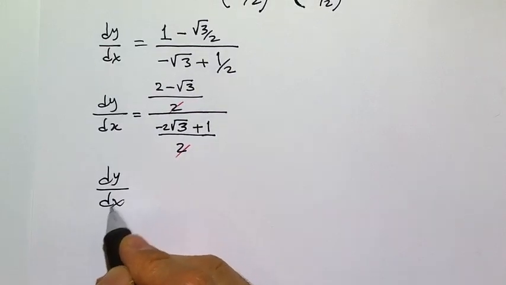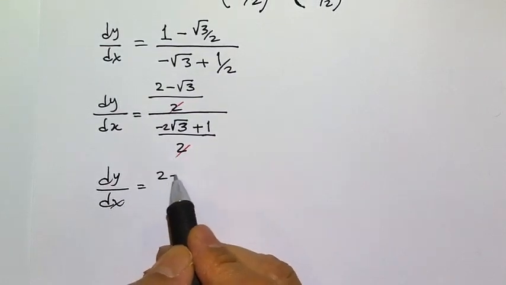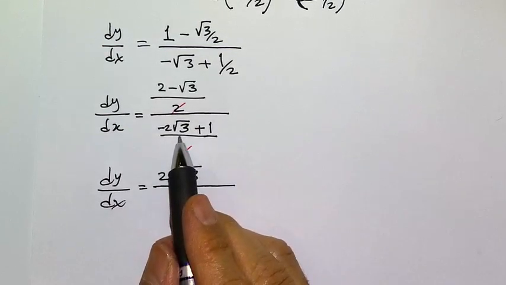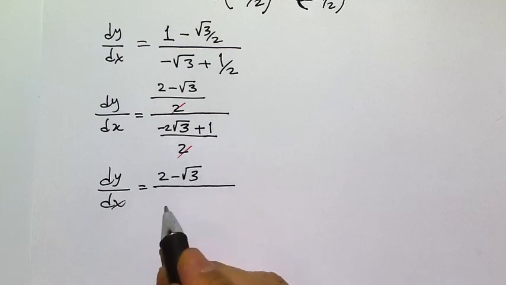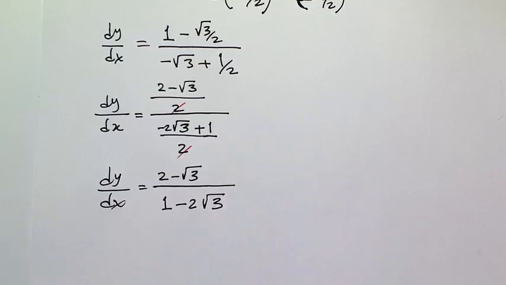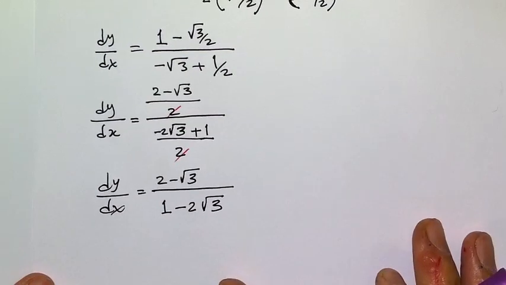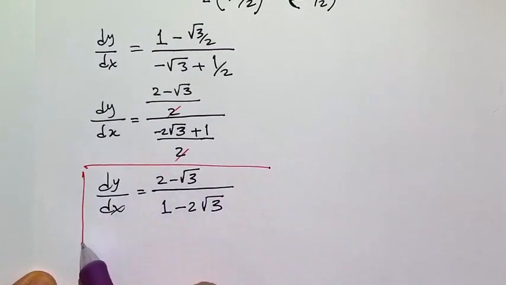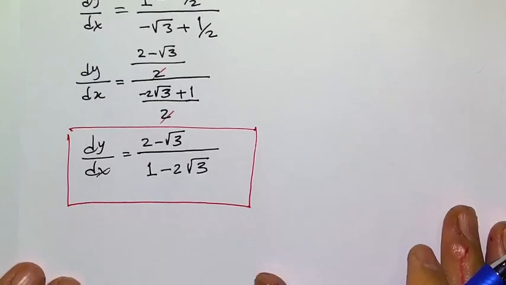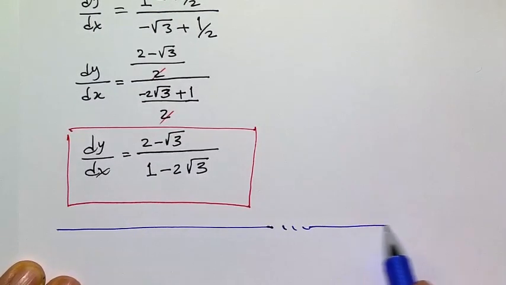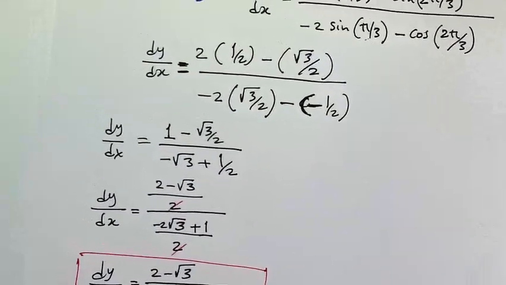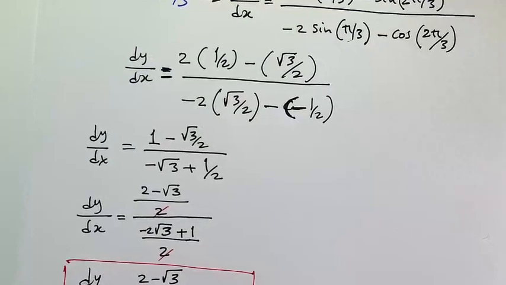We get dy/dx equals (2 minus square root of 3) divided by (minus 2 square root of 3 plus 1), or 1 minus 2 square root of 3. Okay, so that's that one.